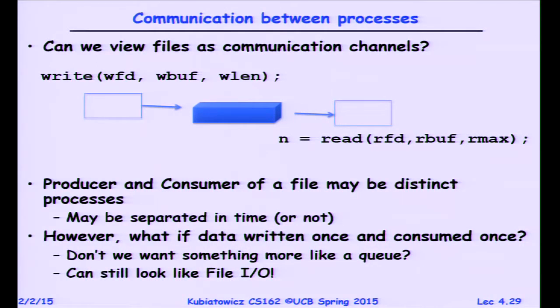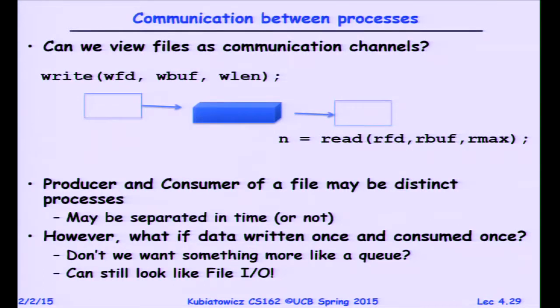But a file like this is not a very efficient way to do things, because what if we're really talking about communication? And we want everything to get written exactly once and read exactly once, then going to the trouble of putting it in an actual file seems a little bit excessive unless I'm really interested in logging, right? I want to know everything that happened in the past.